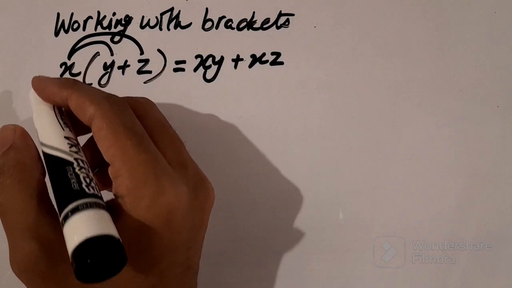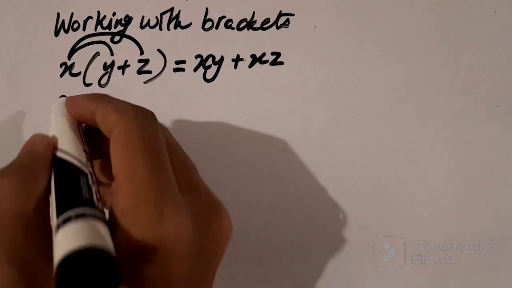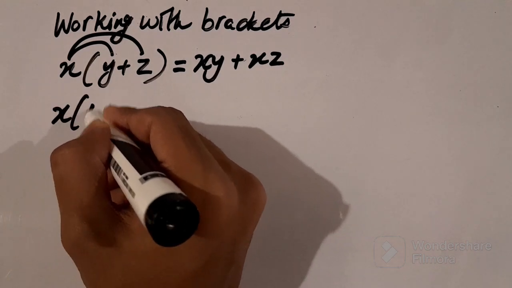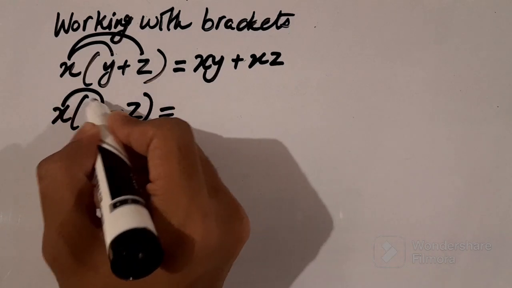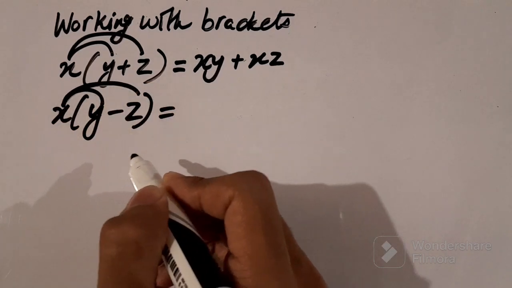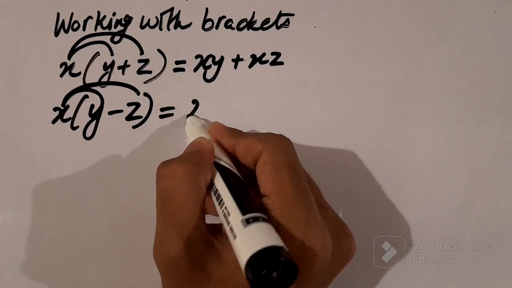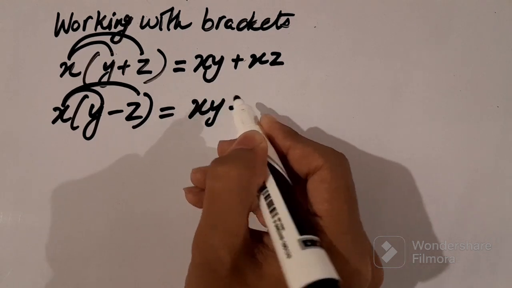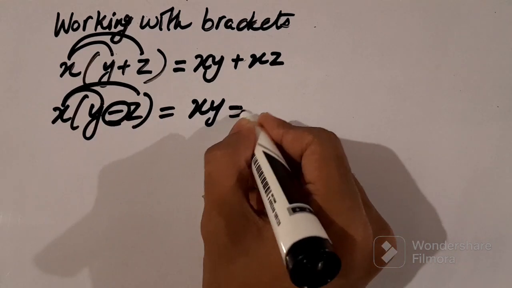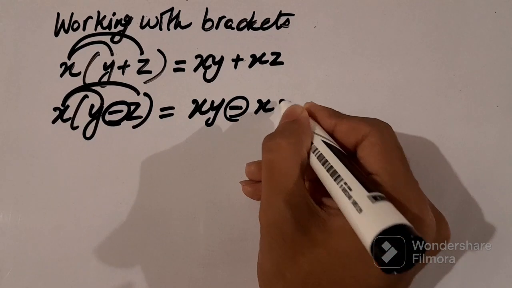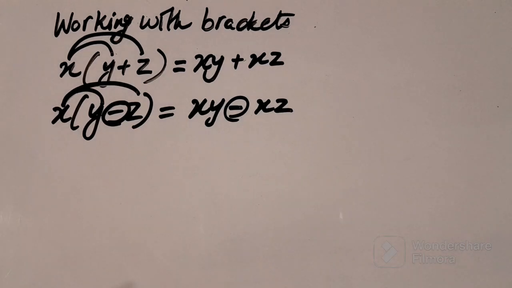Another example can be x(y - z). So x multiplied by y and x multiplied by z. So this will be xy minus, because over here we have the minus sign, so you'll write minus xz. So this is how we will do it.